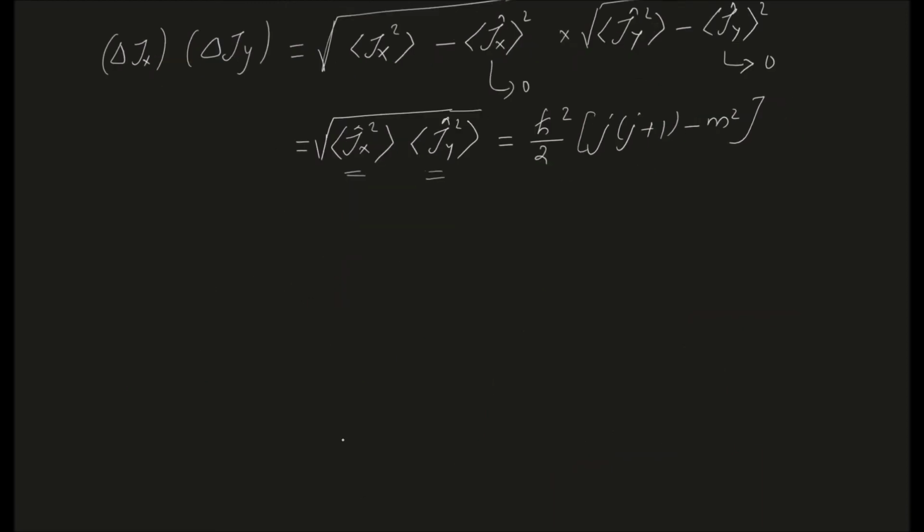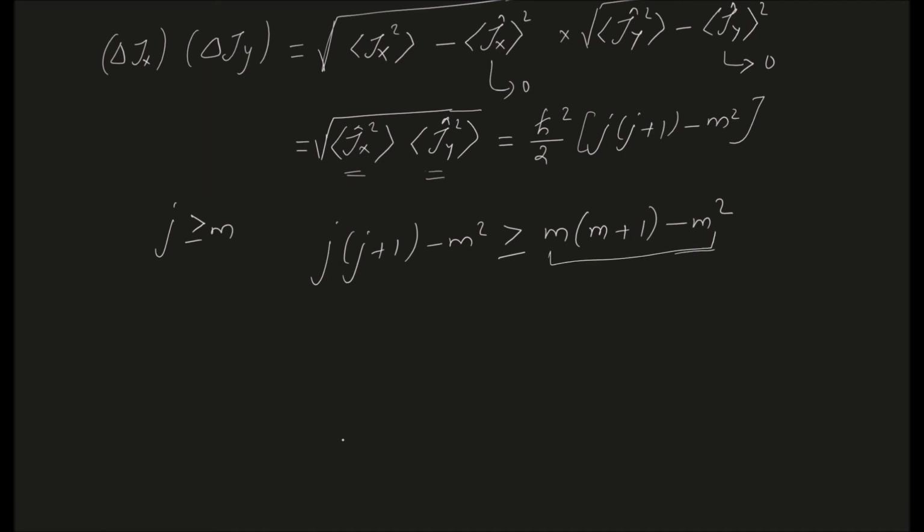Now since j is always greater than or equal to m, we can write j into j plus 1 minus m² will be always greater than or equal to m into m plus 1 minus m². Or you can write this quantity m into m plus 1 minus m² is simply m.